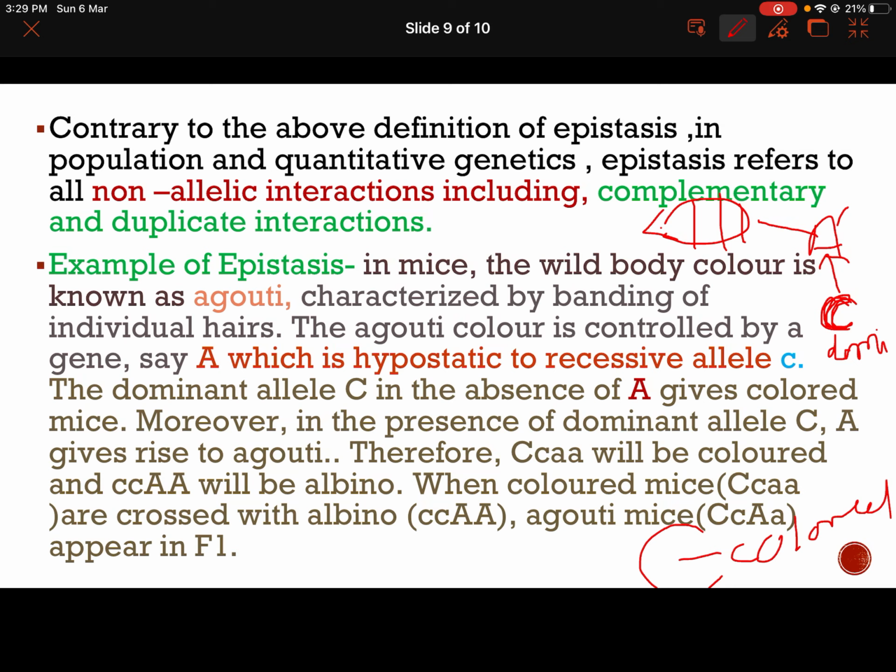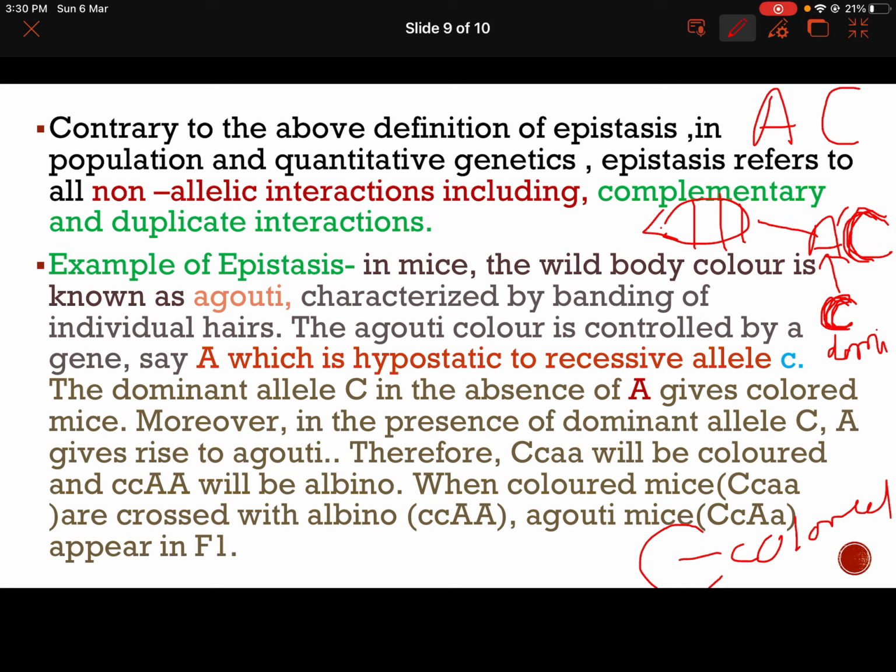Moreover, in the presence of dominant allele C, A gives rise to agouti. The agouti color will develop when dominant C is also present, not small c. If one dominant C is present, that is enough for the agouti pattern. It means when both dominant A and dominant C are present, the mouse will have the agouti characteristic.